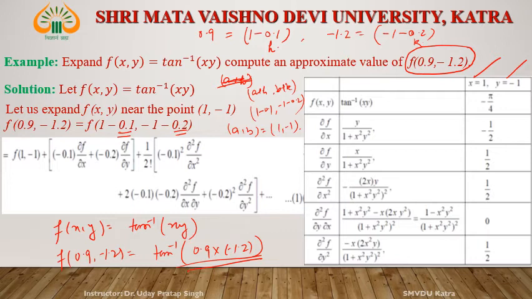the function and all its derivatives at the point 1 and minus 1, and putting the function value and its derivative values in the equation number 1, right? Then we find the value of the function at the point 0.9 and minus 1.2 using Taylor series expansion, right?